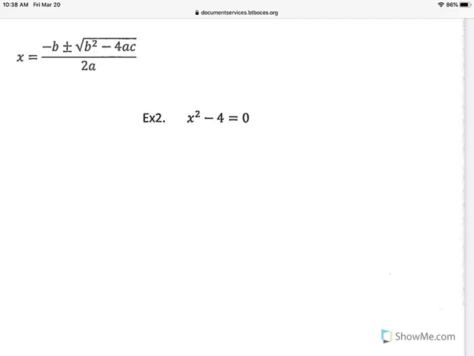Okay, example 2, x squared minus 4 equals 0. So we're going to start by writing what is our a value, what is our b value, and what is our c value. A is the number that is in front of x squared, which again is 1.